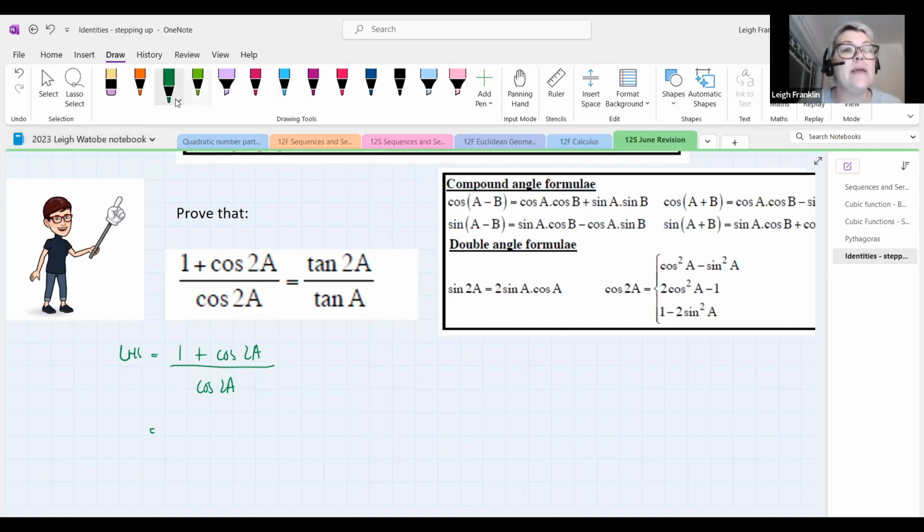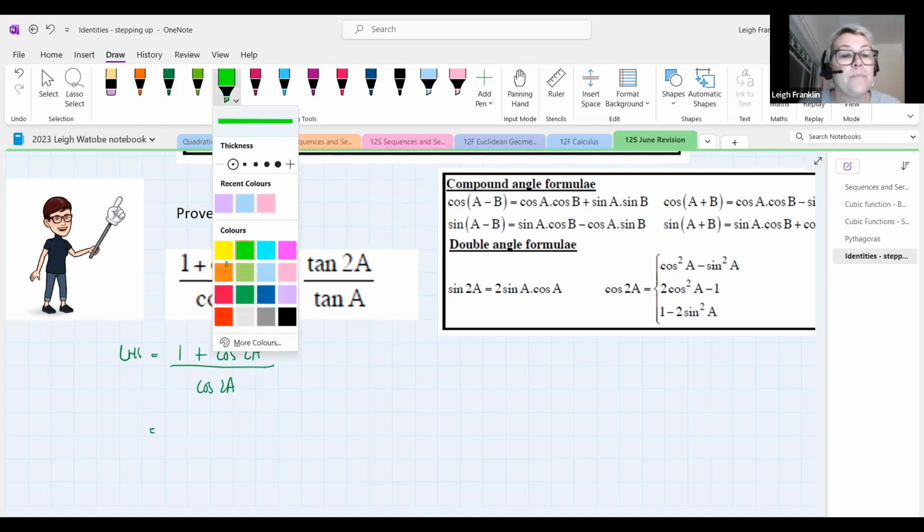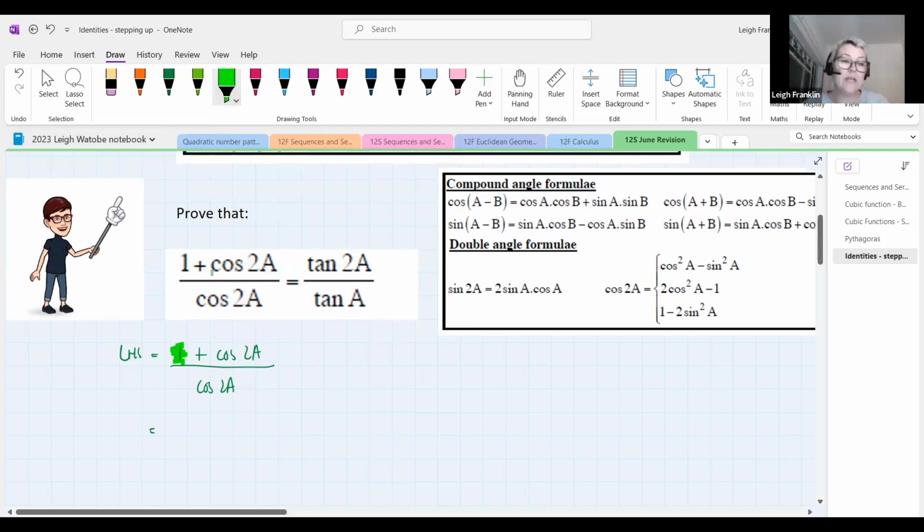So this 1 over here, I want to try and get rid of it. If I want to get rid of that 1, what should I replace cos 2a with? Suggestions, Matrix? Yes, Bonga. Can't you replace it with 2 cos squared a minus 1? Lovely. Okay, perfect. So 2 cos squared a minus 1, that'll get rid of that.